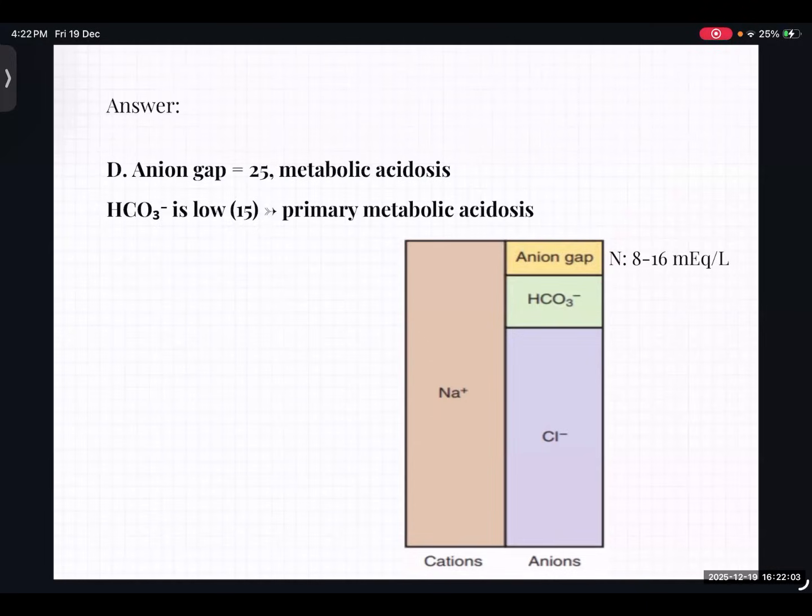So if we have a decreased bicarbonate amount in our body, we have a high anion gap. And therefore, we know that the decreased bicarbonate leads to metabolic acidosis. Metabolic because it's related to bicarbonate, and acidosis because decreased bicarbonate means decreased pH.